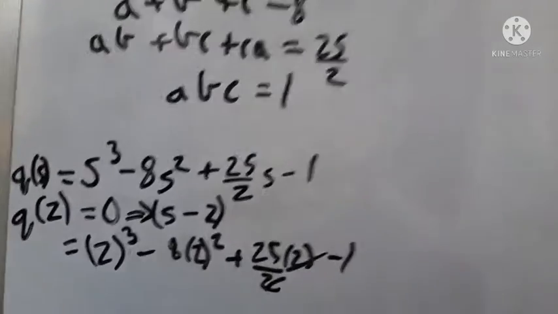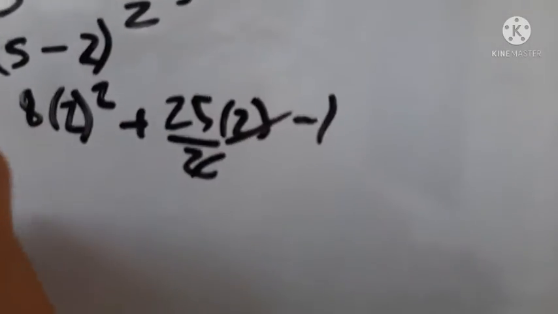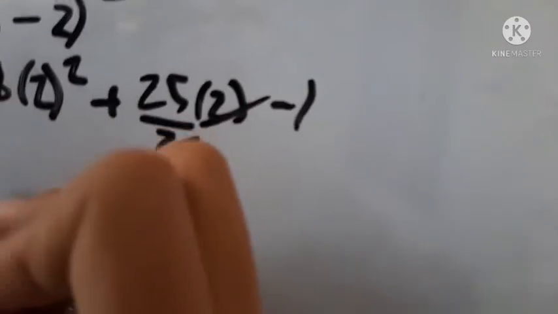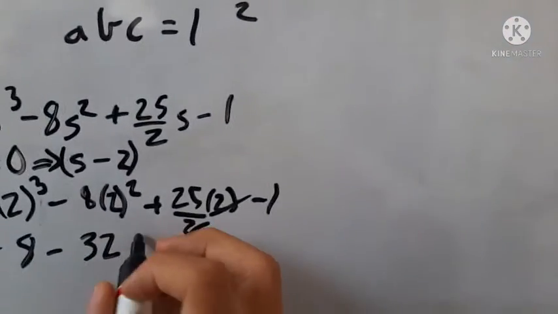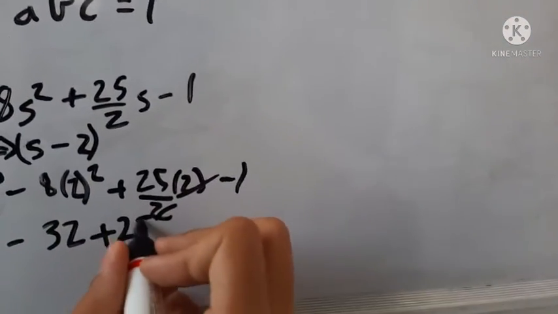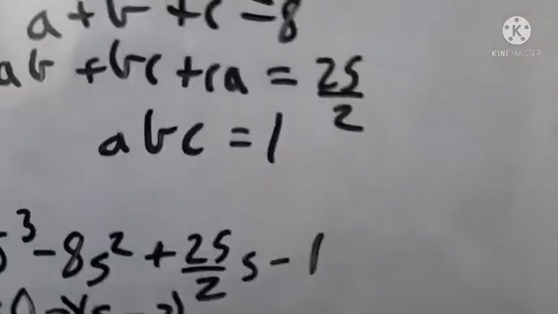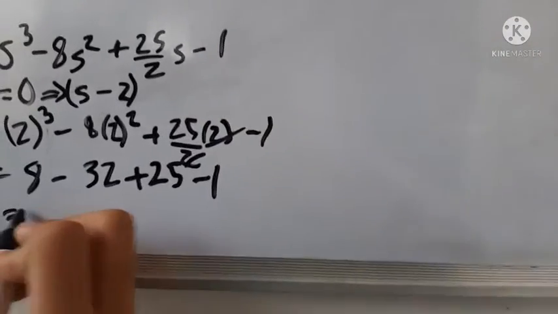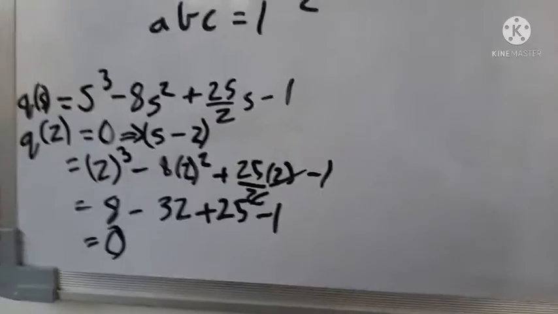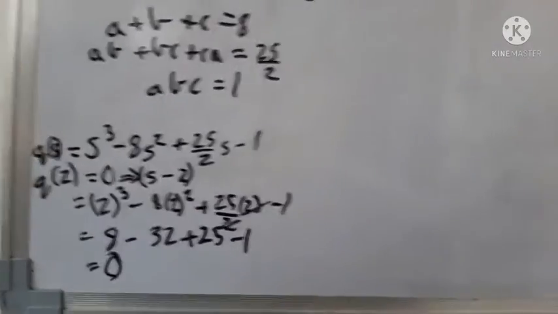So 8 minus 32 plus 25 minus 1. Well, that's 0. So now I'm going to move to the other side.